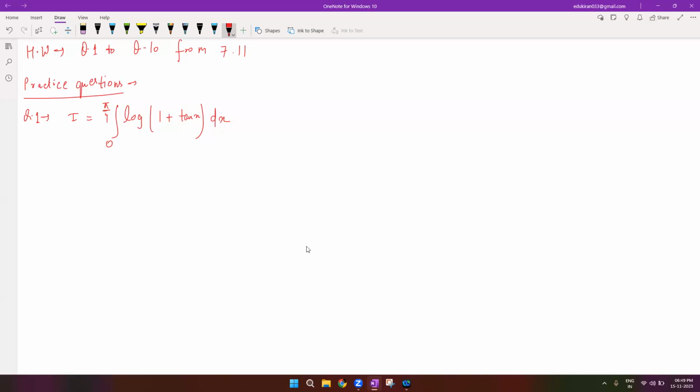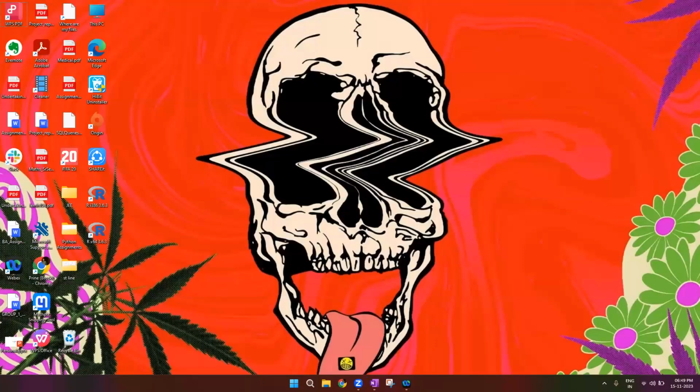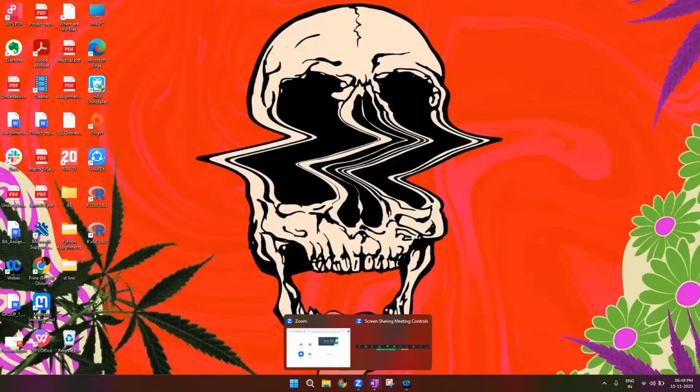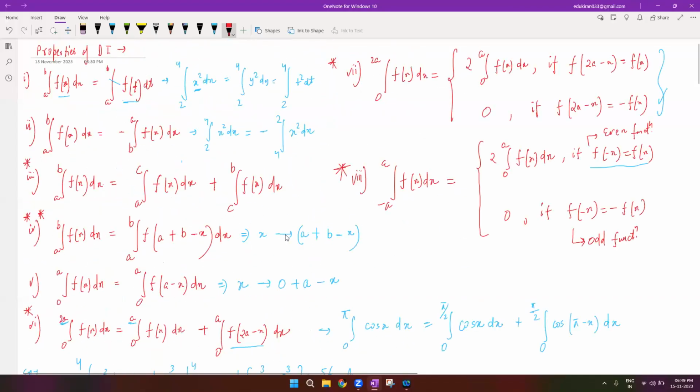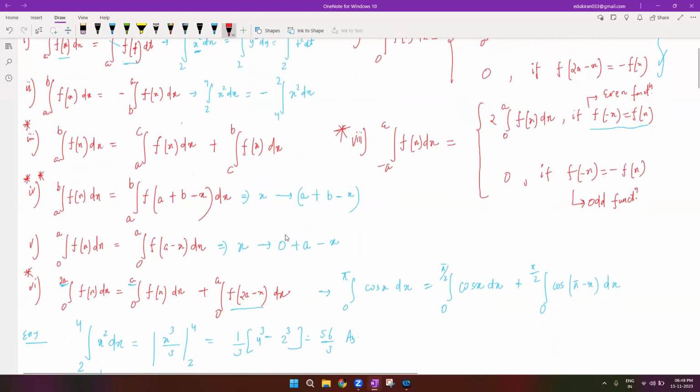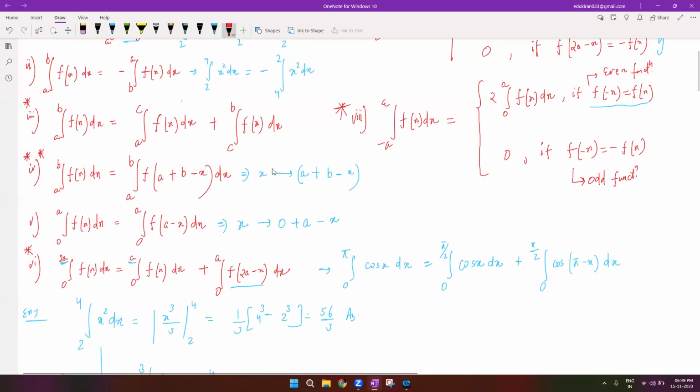Using properties, I told you that there are four most important properties. In this case, your third property is not valid. Your third property is only valid in case of a piecewise function, as we have discussed in the last class.